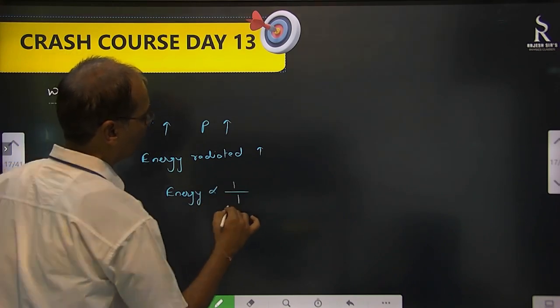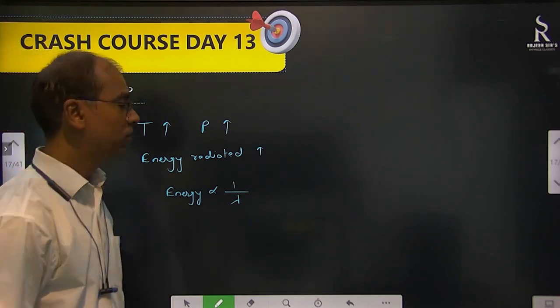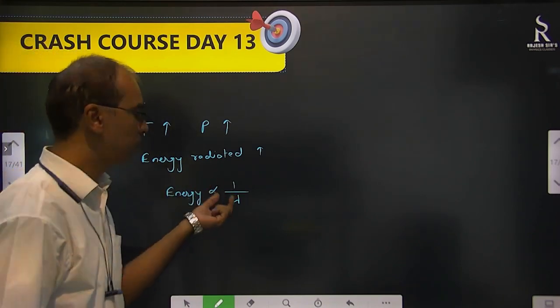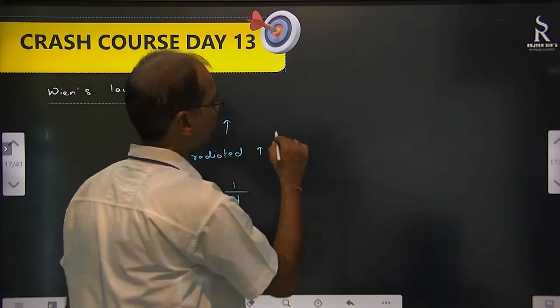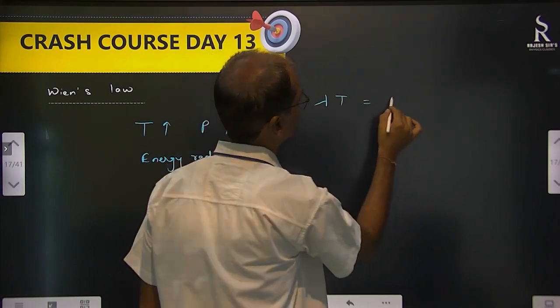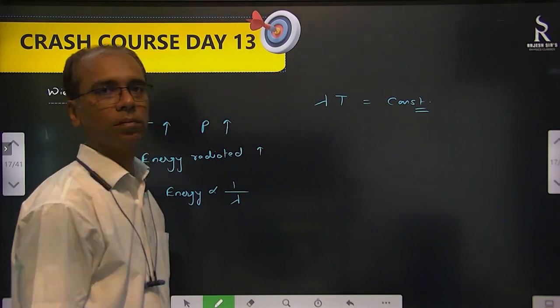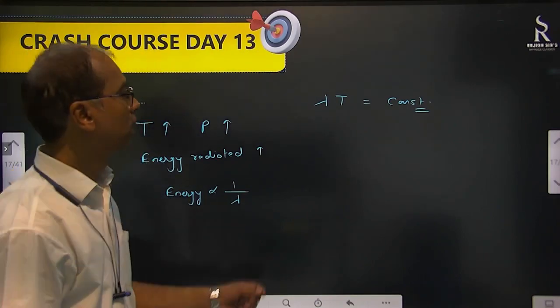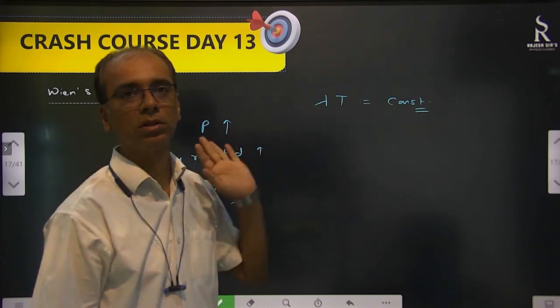When we are talking about radiations, then we should talk about waves also, wavelength also. So energy is inversely proportional to lambda. So Wien's law says that lambda into T is constant. So lambda corresponding to maximum power into T is constant.